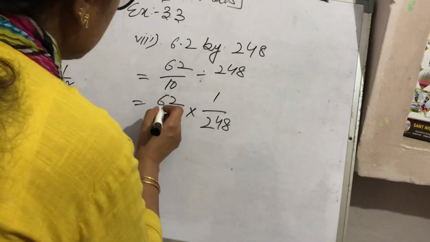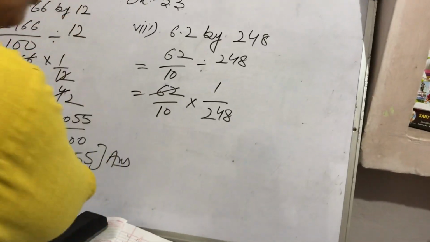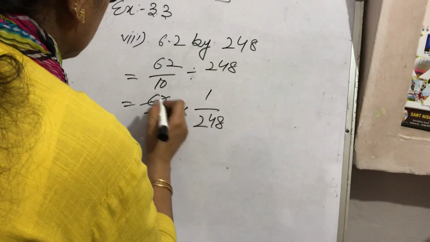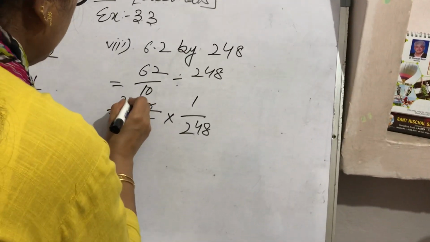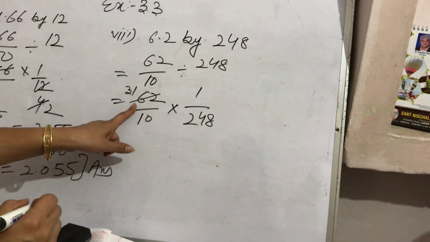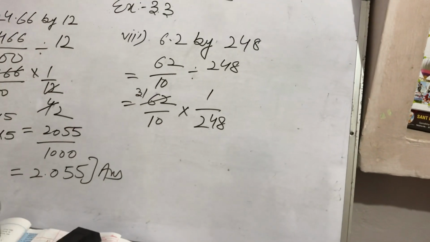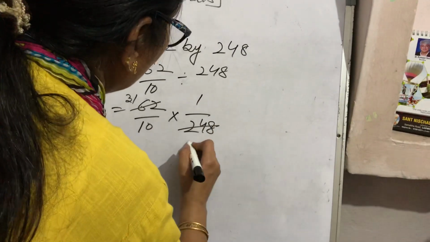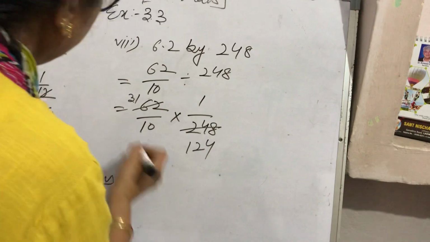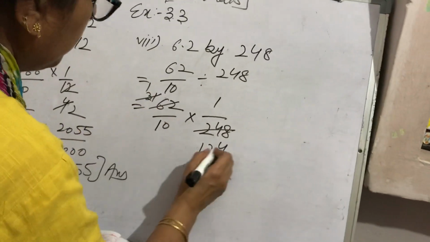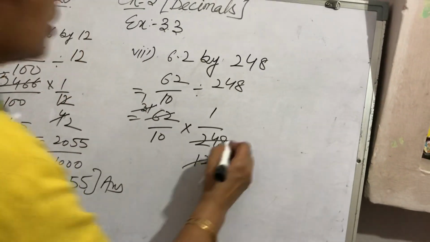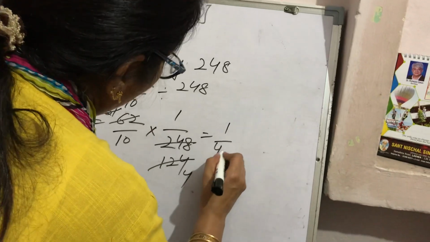So 62, it will be 31 2s are 62. 1, 2, 4. Again it will be divisible. 31 4s are 124, so it is 1 upon 40.